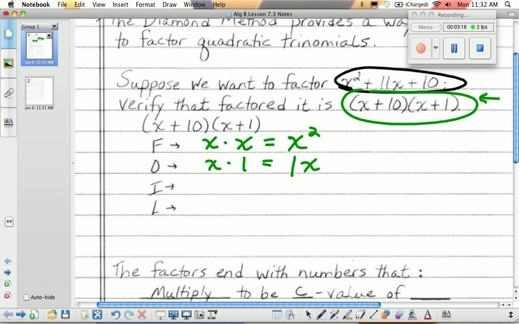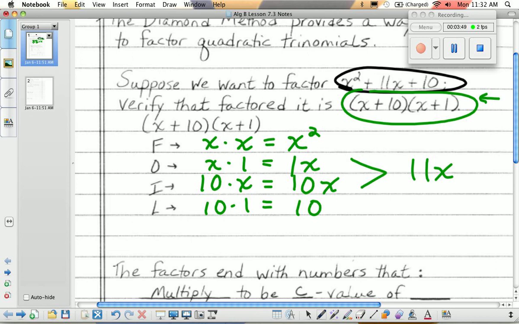What's the I step? 10 times x, and that is 10x. And what's the L step? 10 times 1, and that is 10. Remember, when we have like terms, they can be combined. What do 1x and 10x combine to be? 11x.